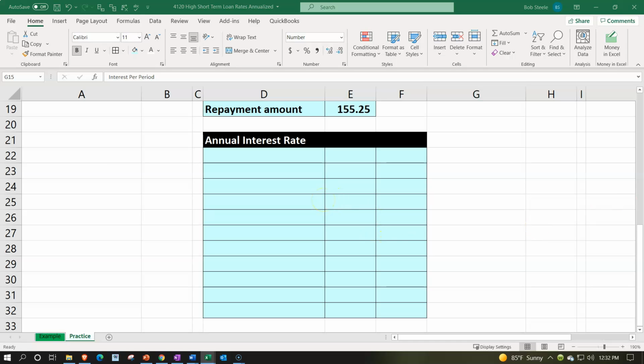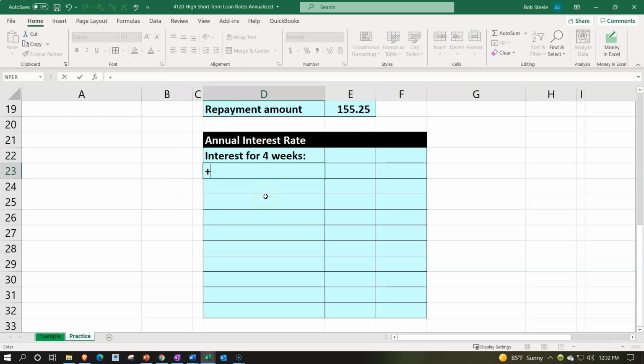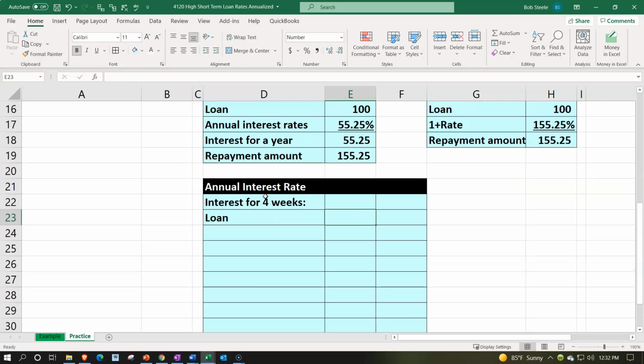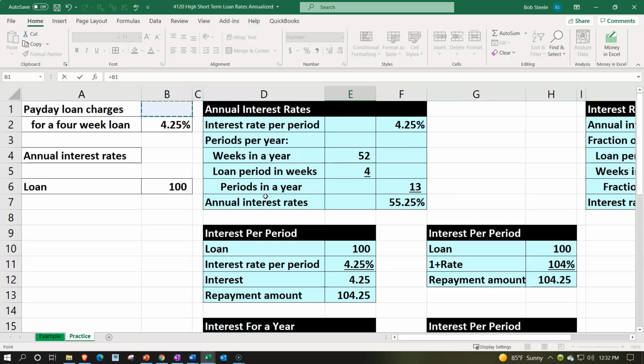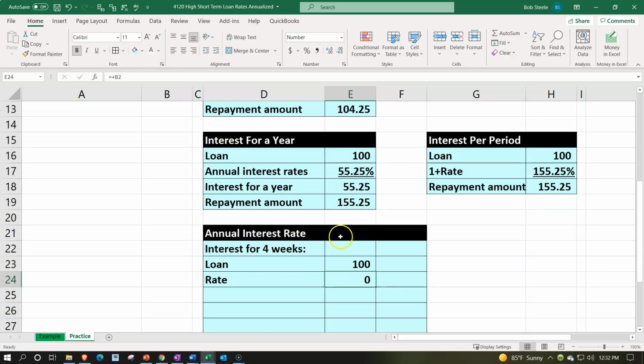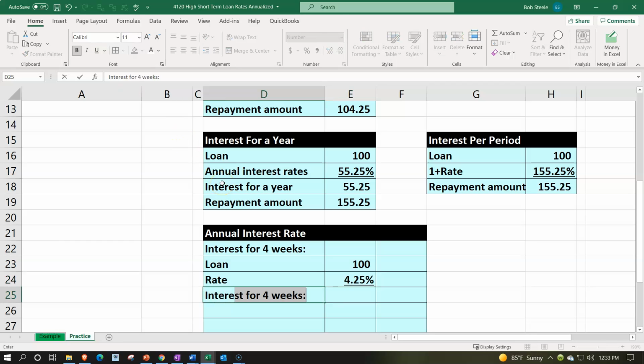We could say, well, what if I took the interest for the 4 weeks and the loan amount, which is going to be $100, and the rate for that 4-week time period, 4.25, and go to the numbers, make a percent, add a couple decimals, underline it, font group, underline, and that's going to be our interest for 4 weeks, which I'm going to put in the outer column.